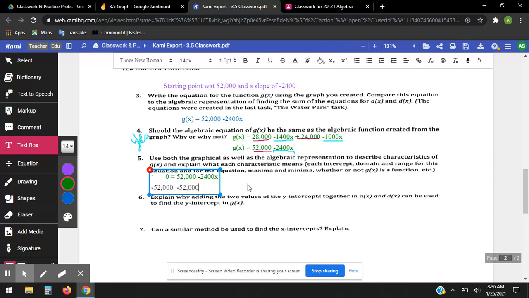And those cancel. So now I have negative 52,000 equals negative 2,400x. And to get rid of my negative 2,400x, I need to divide by negative 2,400 on both sides.